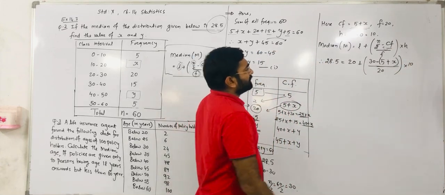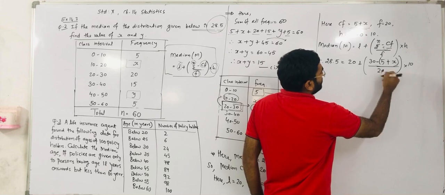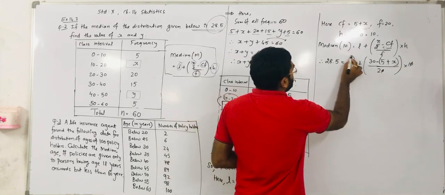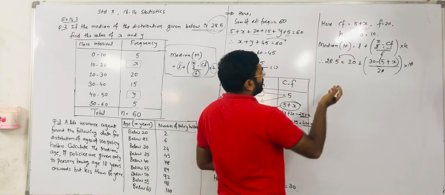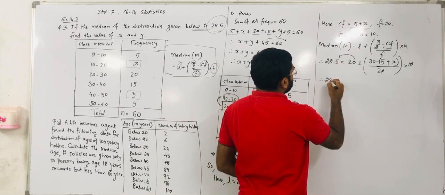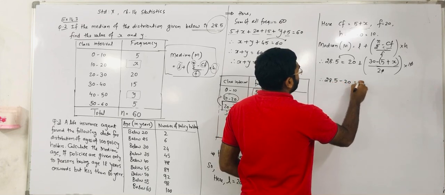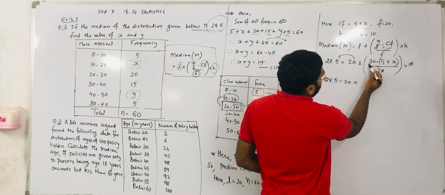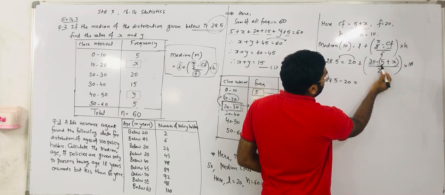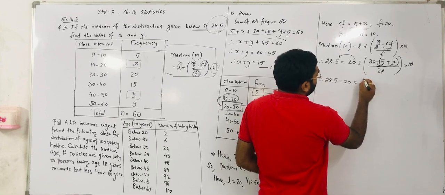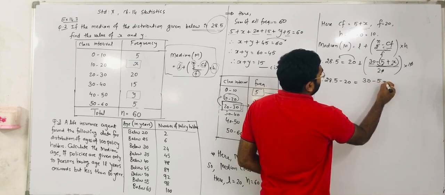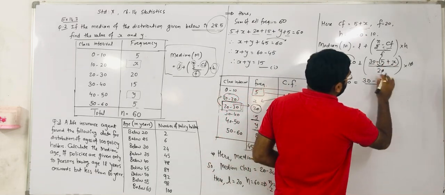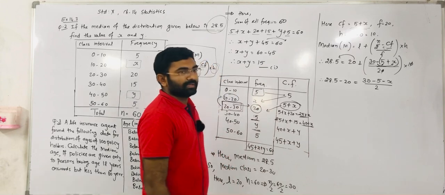Now these terms are in multiplication, so in the numerator and denominator the 0 is cancelled out. The plus 20 goes to the left-hand side and becomes minus 20. On the other side, 30 minus, multiplying inside the bracket one by one, we get 30 minus 5 minus x, since minus times plus is minus, divided by 2.